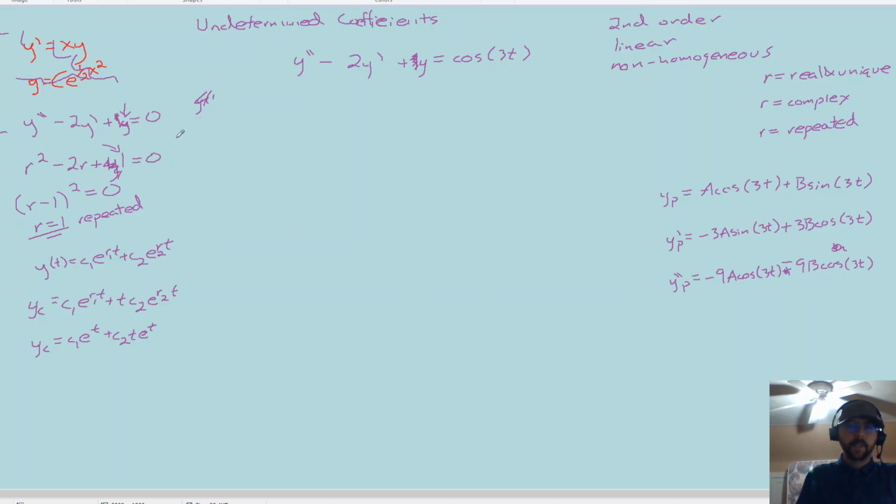And if I can even fit this across here, let me rewrite this down here to save it. Y characteristic equals C1 e to the t plus C2 t e to the t. And then I'm going to erase some of that because I'm going to need that space.